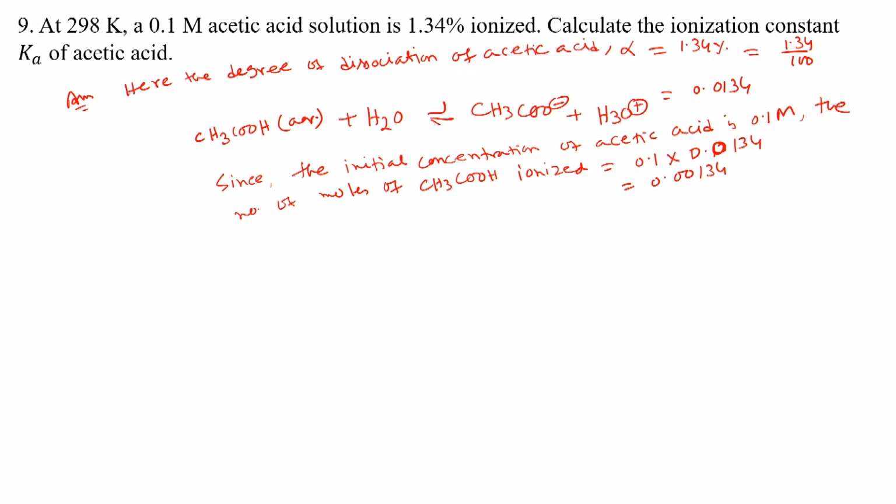So number of moles of unionized acetic acid, so we had 0.1 mole acetic acid initially, and this many number of moles is dissociated. So we get 0.1 minus 0.00134. So we get 0.09866 moles.